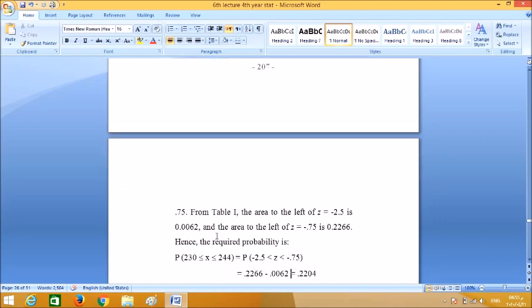Like this. This is the probability that x is greater than 230 and less than 245. After transferring x to z, this means the probability that z is greater than minus 2.5 and less than minus 0.75.